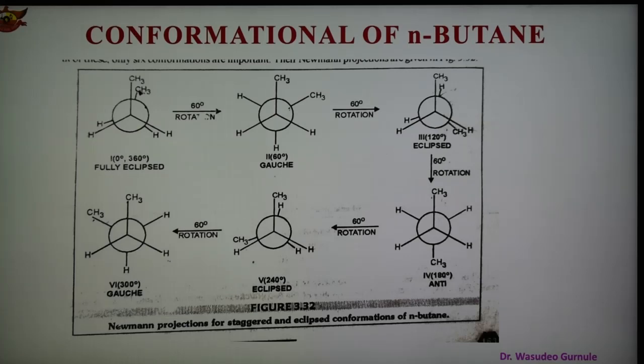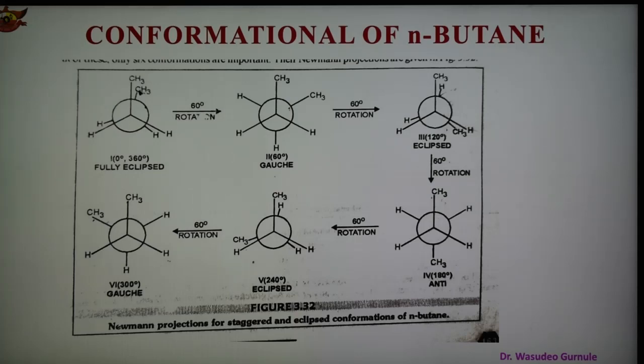Now, when conformation 1 is rotated through 60 degrees, the gauche, also known as skew, conformation number 2 is obtained. Rotation by another 60 degrees produces the eclipse conformation number 3, which is different from the fully eclipsed conformation 1.